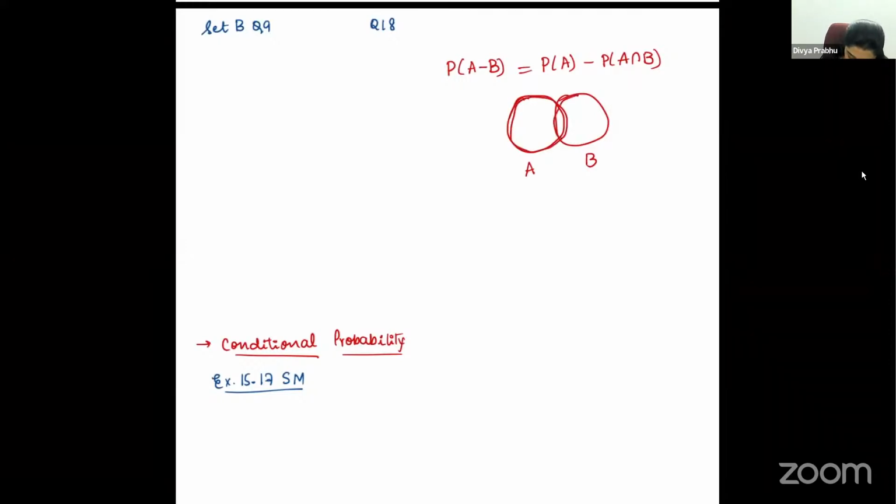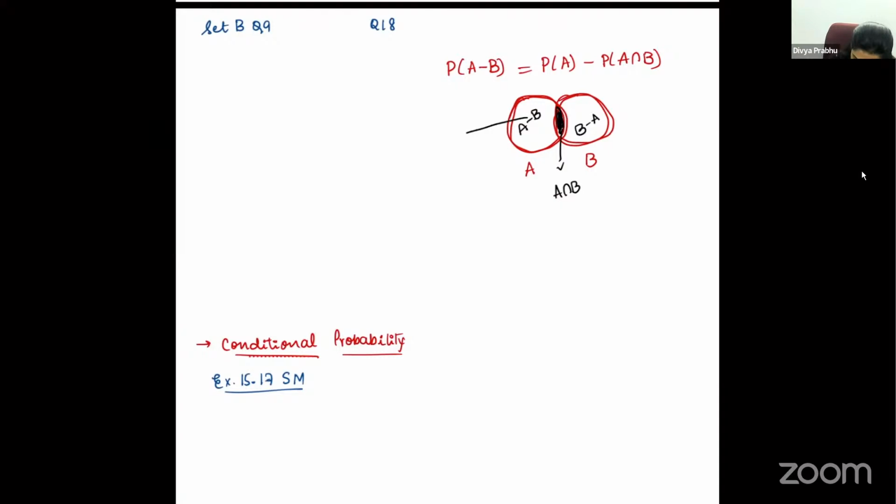And this is entirely B. There is something which is common between the two. This area, the black region, that is A intersection B. Now this area is A minus B and this area is B minus A.